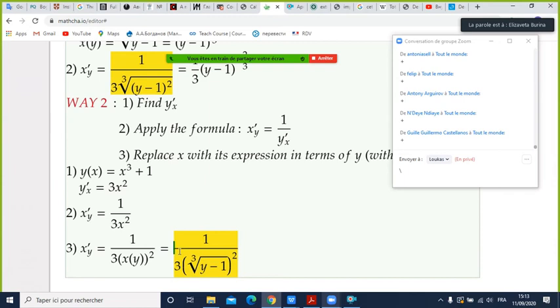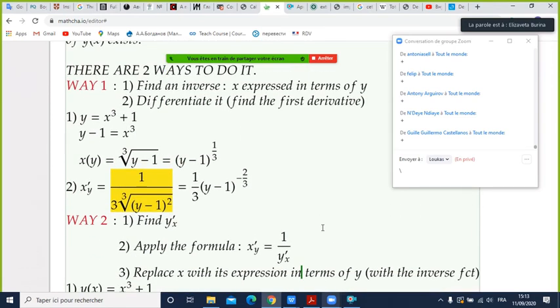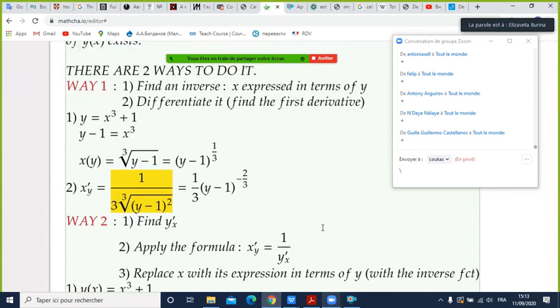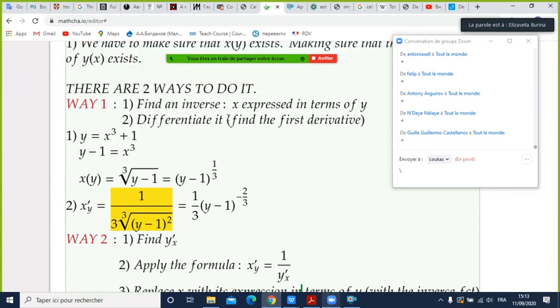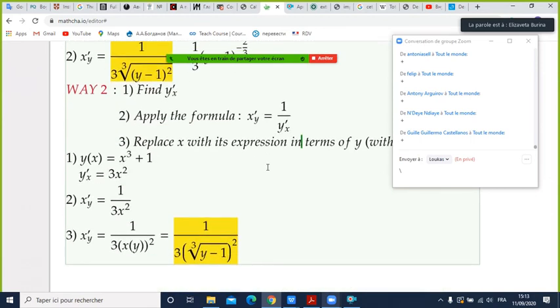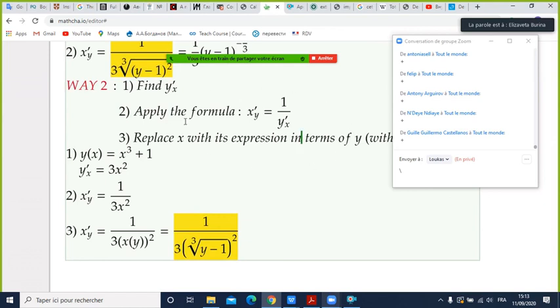And certainly this way too might be too long, might not be the optimal way to get it. This actually just depends on the function. So sometimes finding the derivative of the inverse, so if you first find an inverse and then find its derivative, sometimes it's just too difficult. So sometimes it's actually making sense to do this.